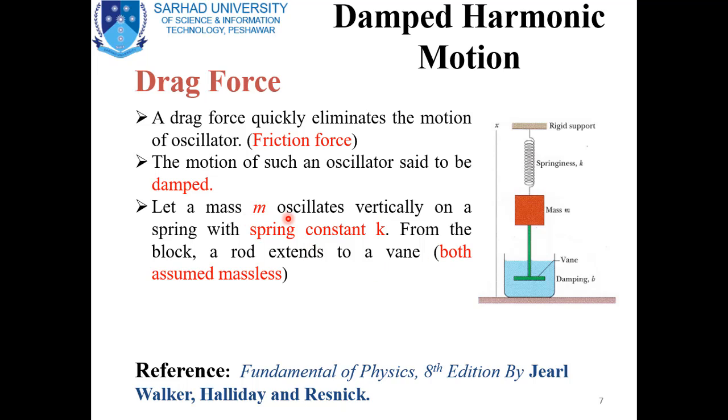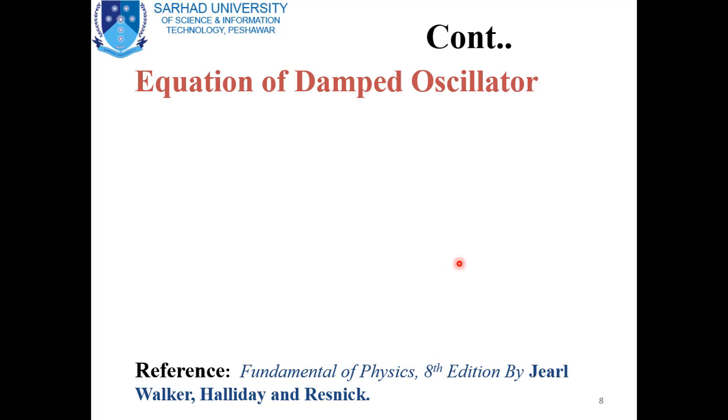Let m be the mass which oscillates vertically on a spring with spring constant K, and we assume that the mass of this vane, the green color, is massless. We exclude the mass of this part of the figure, and so we will develop the equation of a damped harmonic oscillator.